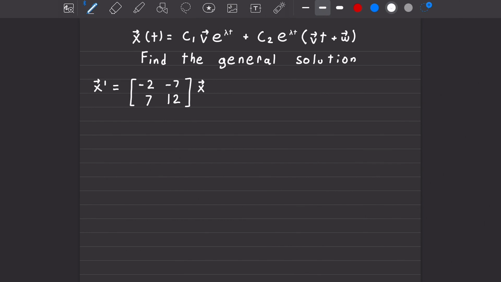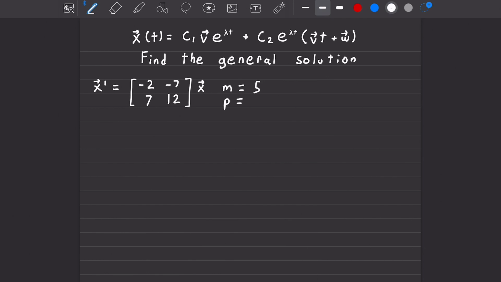As always, we begin by finding the eigenvalues. Let's say m is the sum of the diagonal elements divided by 2. So we have negative 2 plus 12 is 10, divided by 2, we have 5.